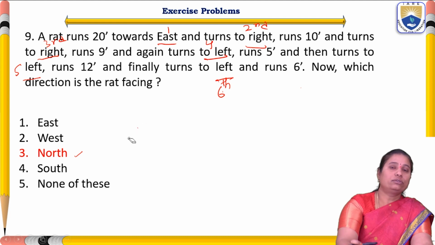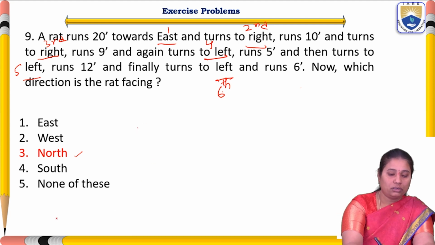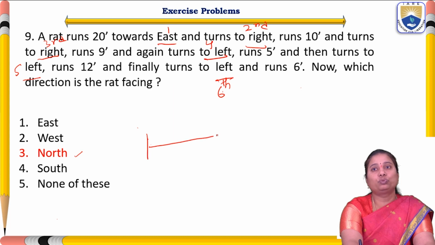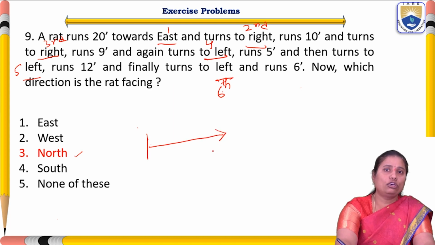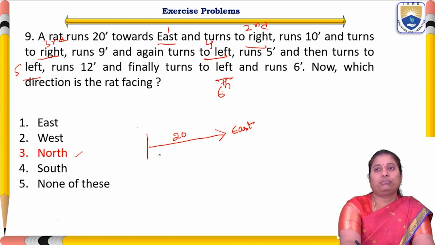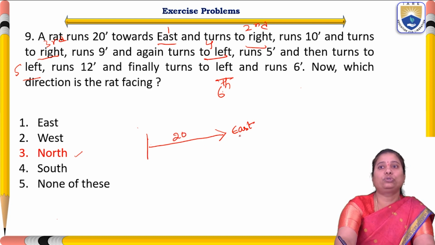So let's have a look at this one. First of all, a rat runs 20 towards the east. It may be 20 meters or 20 kilometers, whatever the measurement, but you can take it as uniform. That is 20 in the east direction, and it turns to the right.